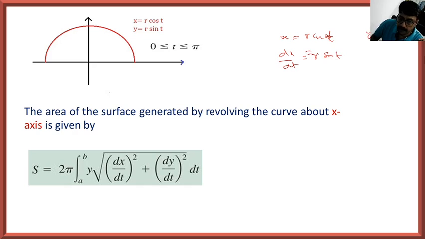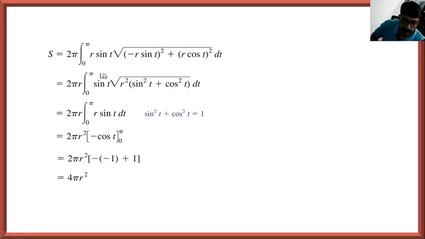Similarly, y is equal to r sin t. Therefore, dy by dt is equal to r cos t. Substituting minus r sin t and r cos t for dx by dt and dy by dt, we get 2 pi integral 0 to pi, y is r sin t, root of (minus r sin t) whole square plus (r cos t) whole square.